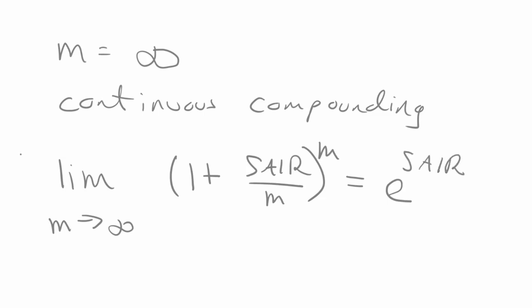We take whatever is here and we raise e to this power. E, by the way, is a number on your calculator. It's 2.718, and so on and so forth. So now, using this formula, we can calculate future value under continuous compounding.